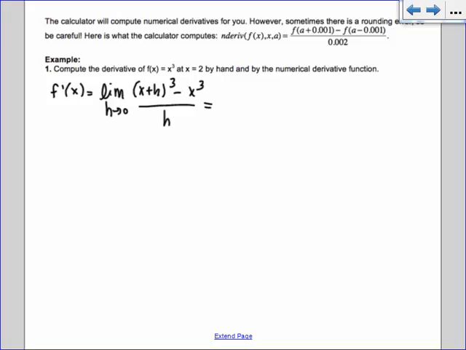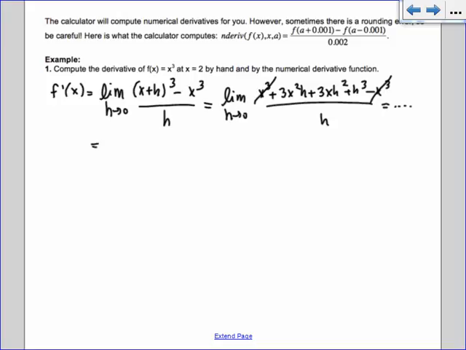We would FOIL it all out, so we'd have the limit as h goes to 0 of x cubed plus 3x squared h plus 3x h squared plus h cubed minus x cubed all over h. We'd cancel some stuff and we would get the answer of 3x squared, because the h will go to 0.